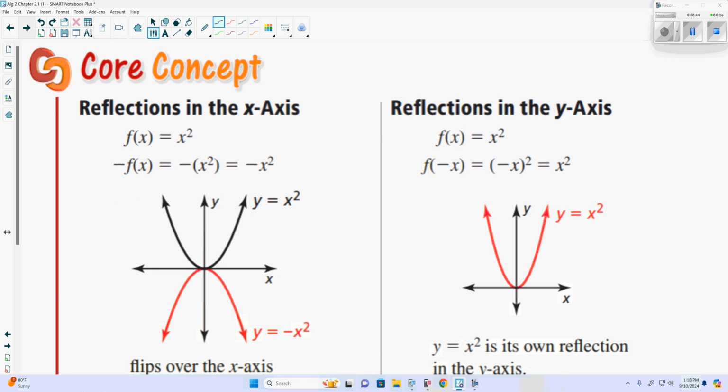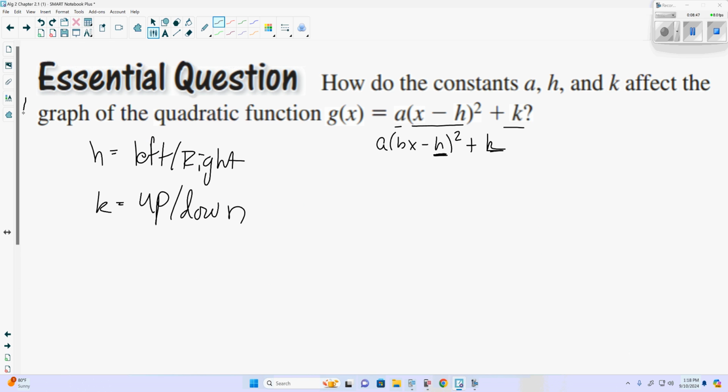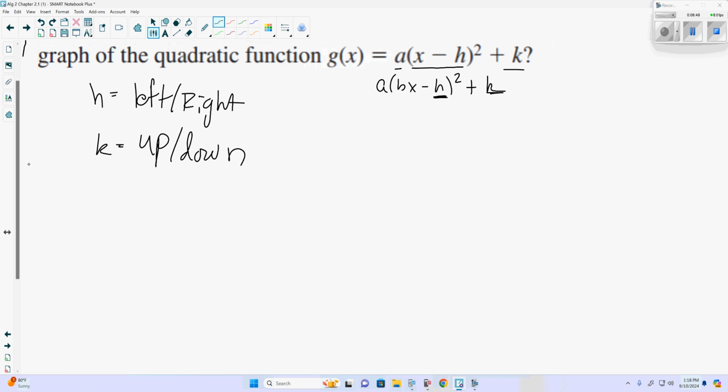Now the next thing we're looking at is reflection across the x and y axis. Just like we talked about in the previous chapter, when the sign in front of x is negative, we have a reflection.